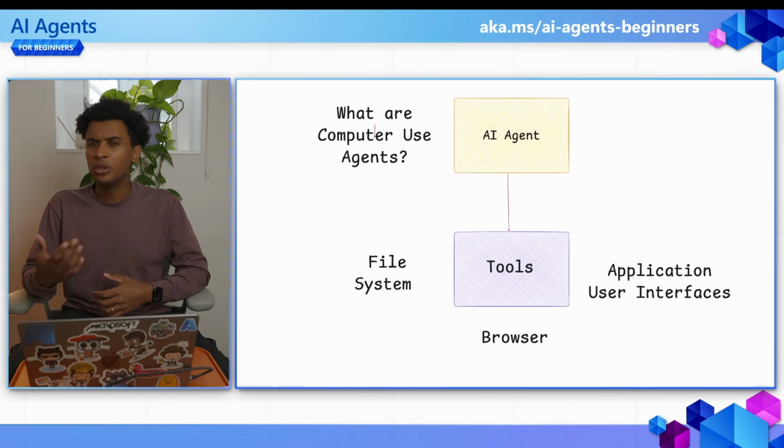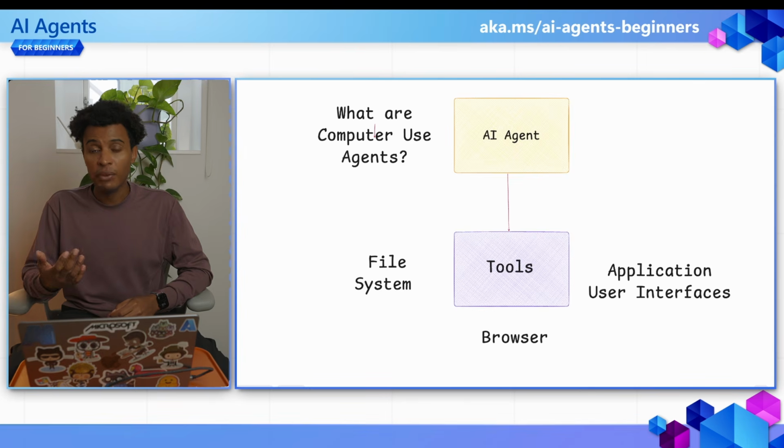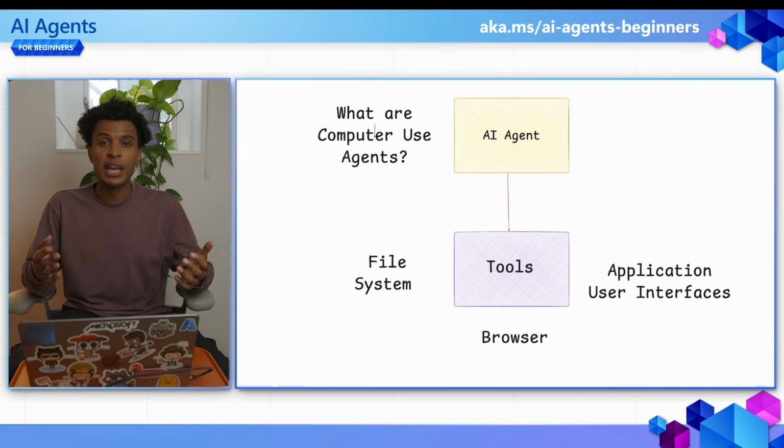And this is actually a good use case when we don't have things like application interfaces, so APIs, that are available to you to make direct requests. Maybe we need to actually go into the application interface or a browser to navigate to get information, maybe navigating through certain instructions or completing a task.